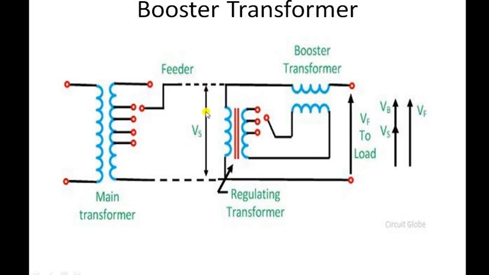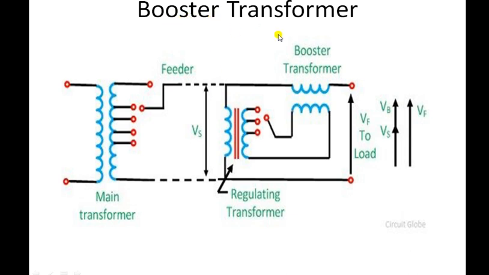So this Vs is the secondary voltage of the main transformer, and to the secondary voltage of the main transformer we are adding the booster voltage, which we call Vb. Vs plus Vb, both these phasors are added and the resultant phasor is Vf, which is the voltage required at the load.